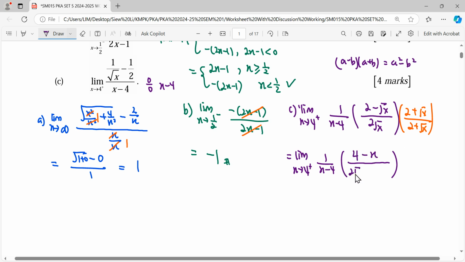So the denominator we just write in product form. Then we take out the negative in order to simplify our factor of IDF, x minus 4. So x minus 4 here.